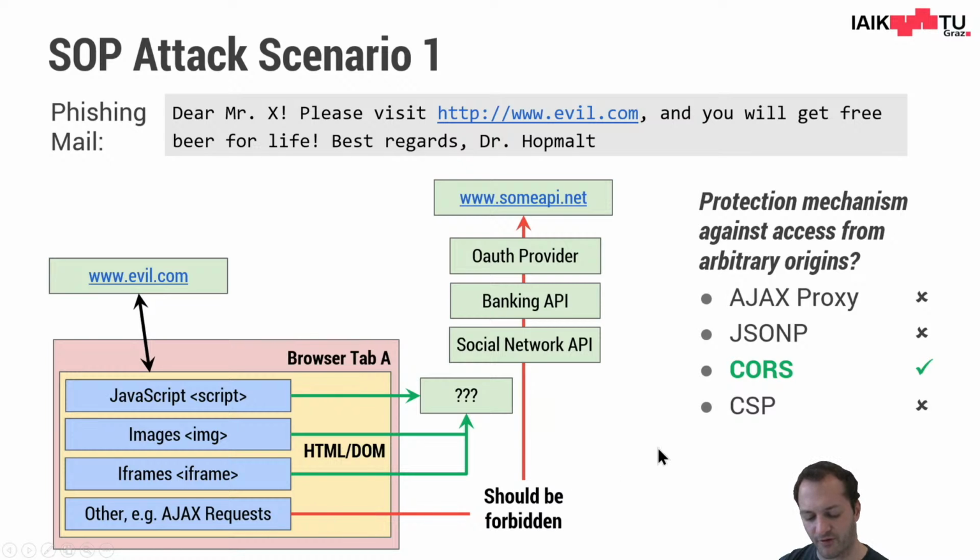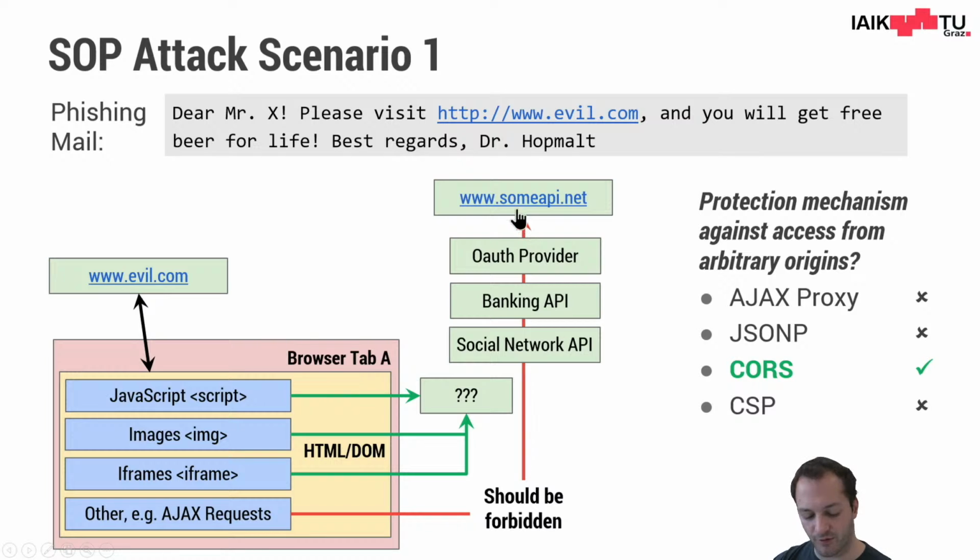So how do we block this? It won't work by an AJAX proxy, because evil.com might easily set up this himself. JSONP won't be a cure either, because if I run such an API and it allows JSONP requests, I just specify as evil.com such a callback here, call the API, and then pass the response. So there's also nothing I could block here.